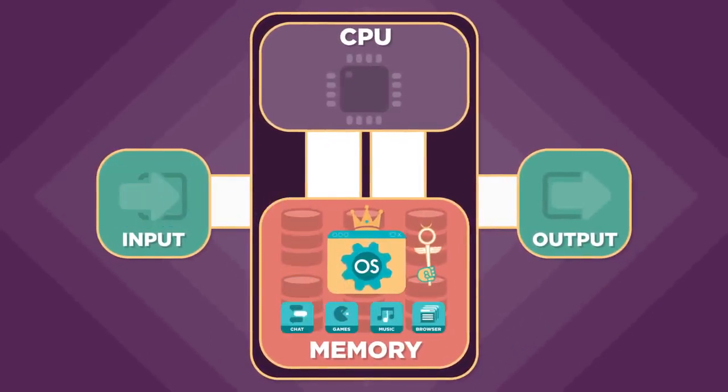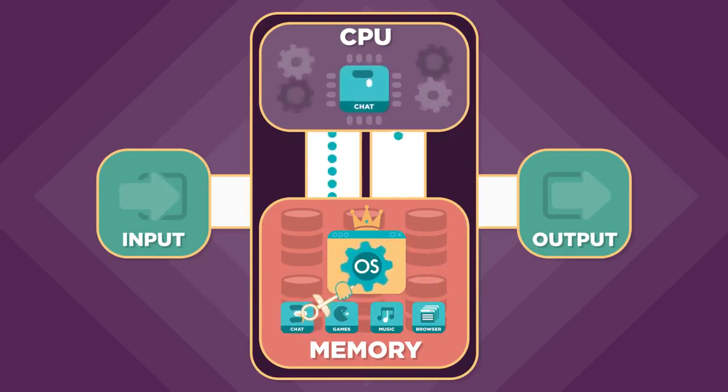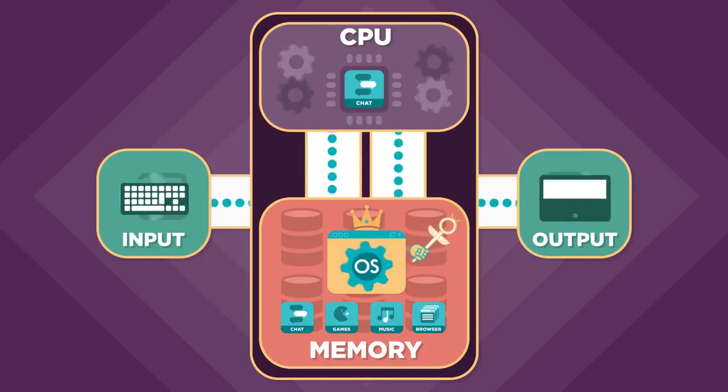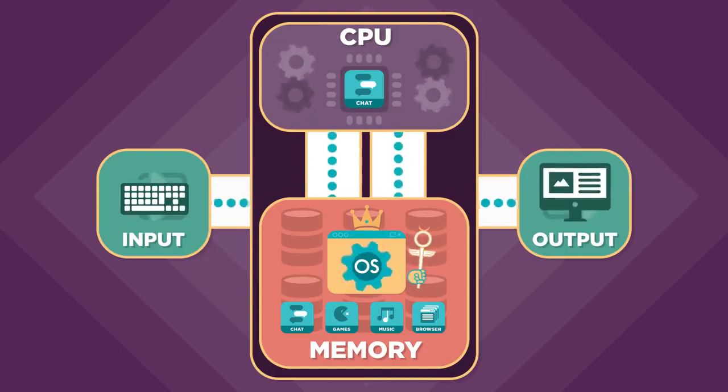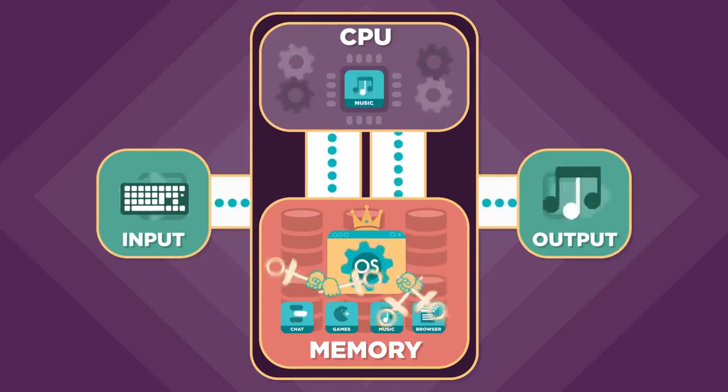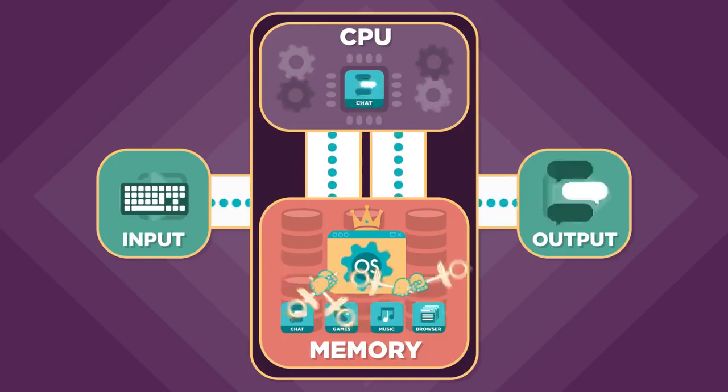It decides when a program is run by the central processing unit and whether that program can access the computer's input and output devices. And when you think your computer is running many programs at once, in reality, it's the operating system that's quickly switching between programs, sharing that CPU for fractions of a second.